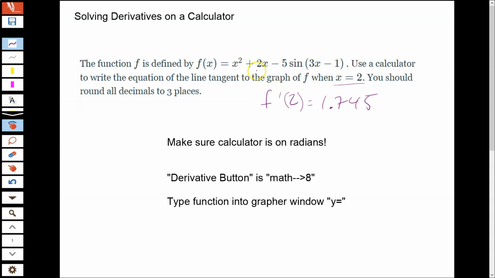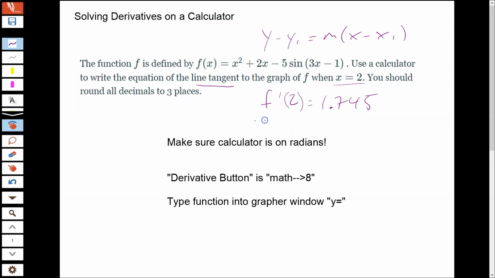Okay? Now, what we're looking for is the equation of the tangent line. So for these particular problems, you'll use point slope form because it's easier. And we already have most of what we need.